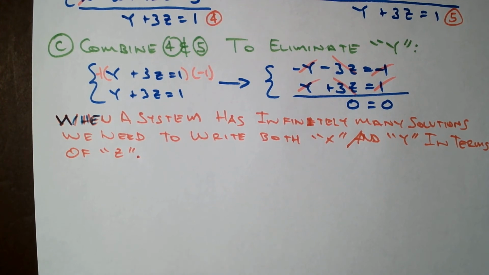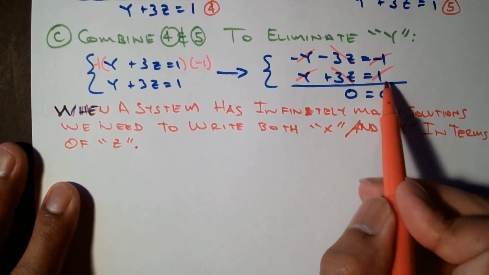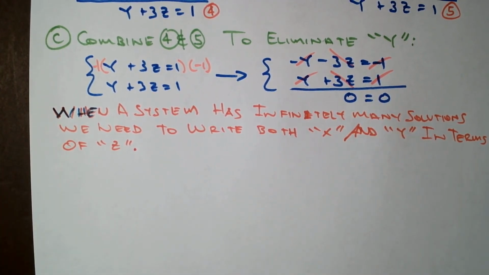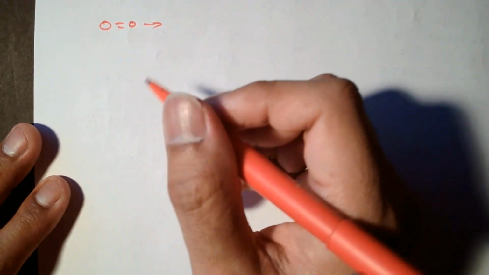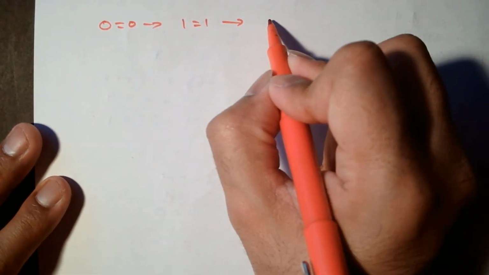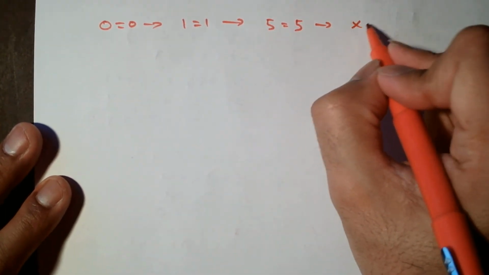All right, so what are we going to do here? Well, in this case, when we get this 0 equals 0, keep in mind that 0 equals 0 is a logical sentence, just like 1 equals 1, or 5 equals 5, or x equals x.